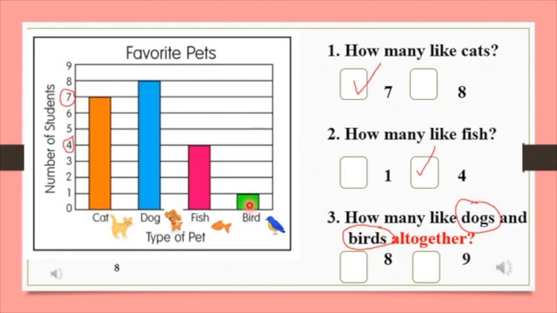That's a short bar. Move all the way to the left. Follow the line. How many students like birds? Excellent. 1 student likes birds.